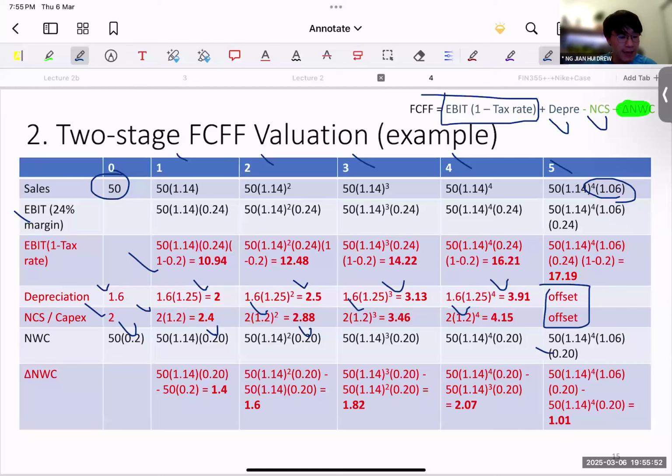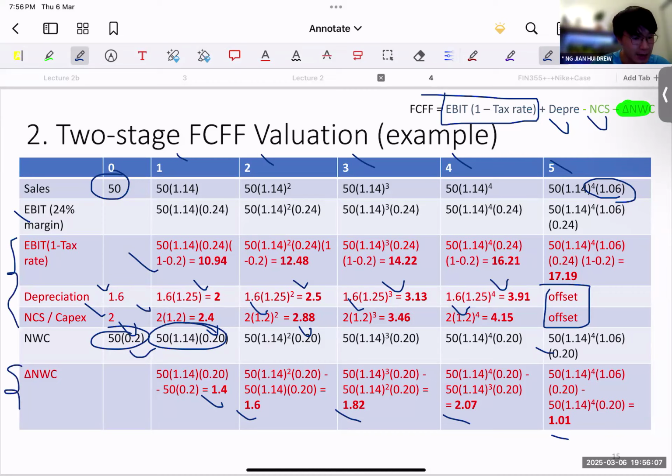So our change becomes this figure minus this figure here. So this is your change, change, change, change. So all these are in red, which means they are the figures that are important to calculate your FCFF.